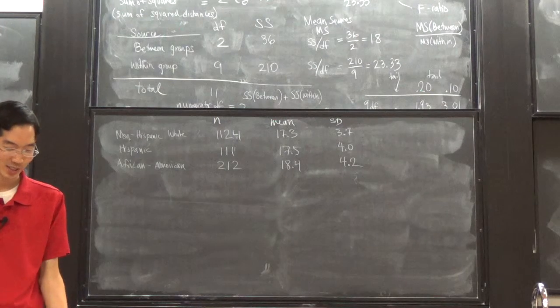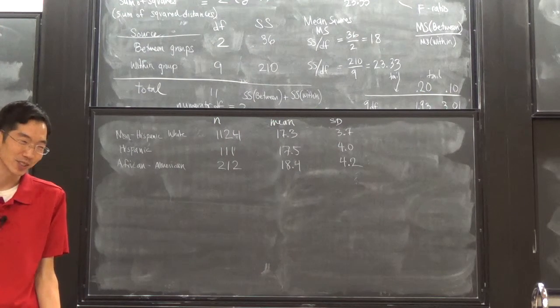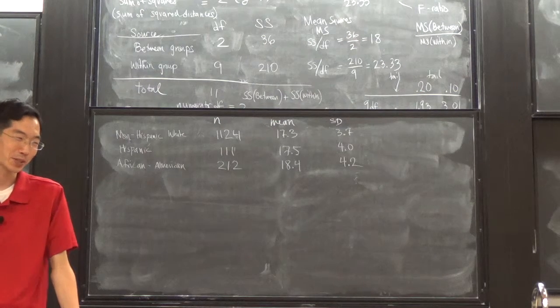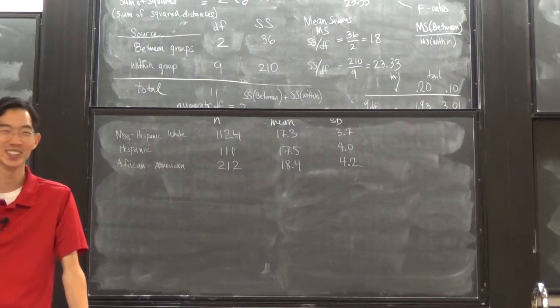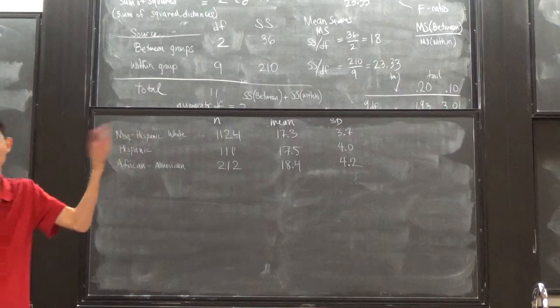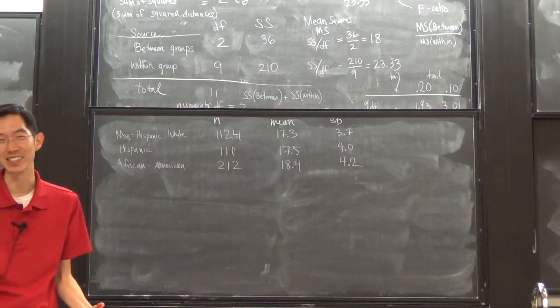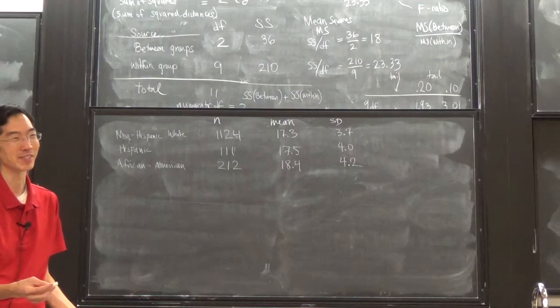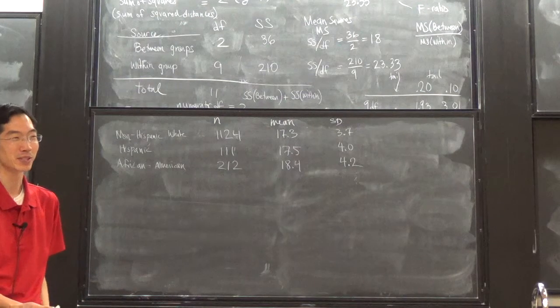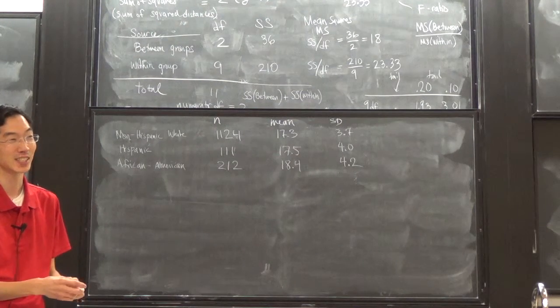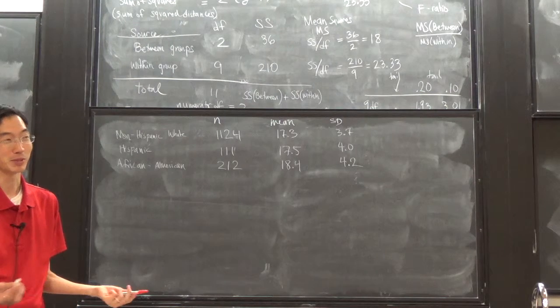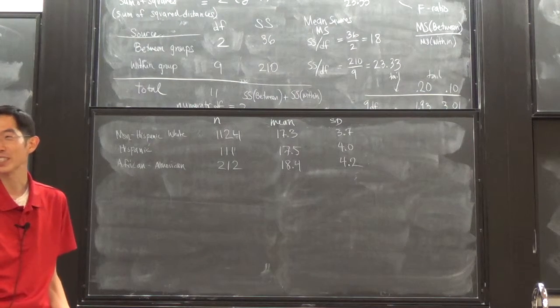But all they said was that people start smoking at different ages. That was essentially the conclusion. They said different groups maybe start smoking at different ages, so maybe we can do something about that.